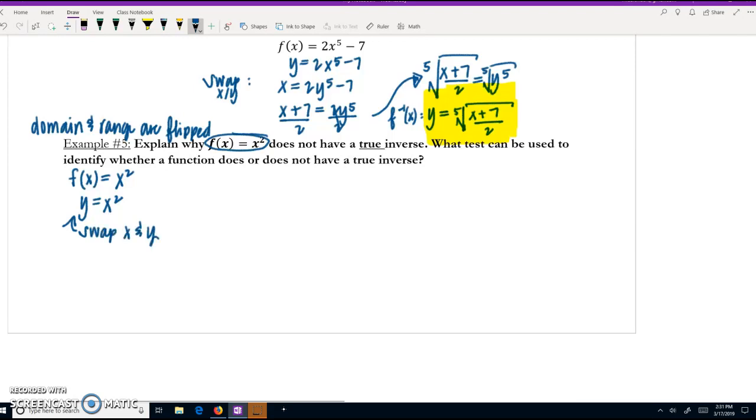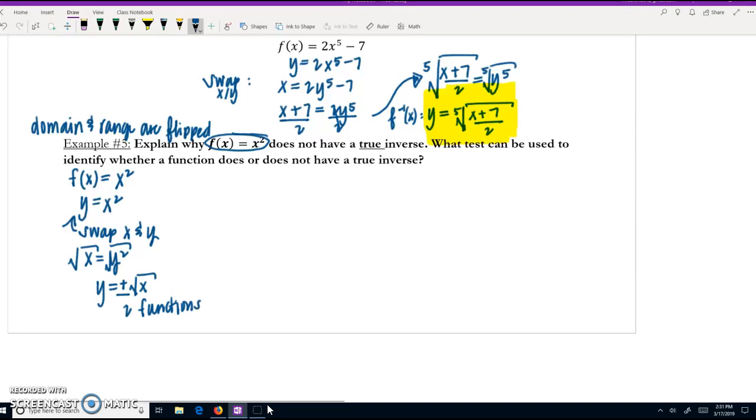And if I do that, I'll have x is equal to y squared. But then if I try to get y by itself, I would take the square root of both sides. The issue here, though, is when I take the square root of x, I technically have both the positive square root of x and the negative square root of x, two different functions.